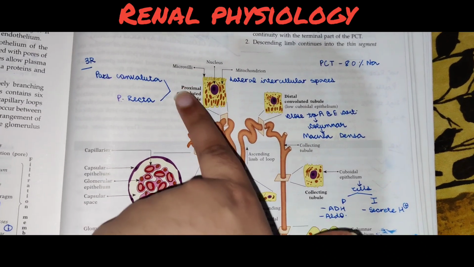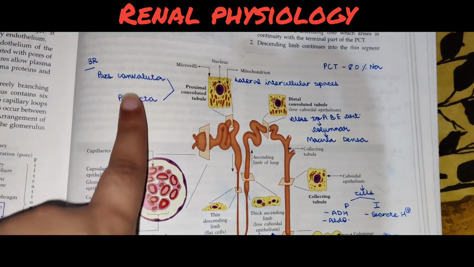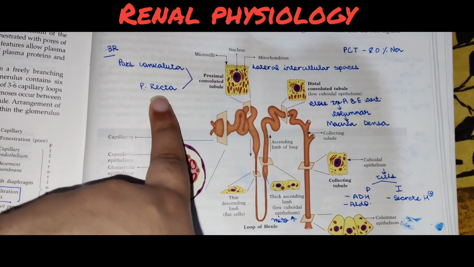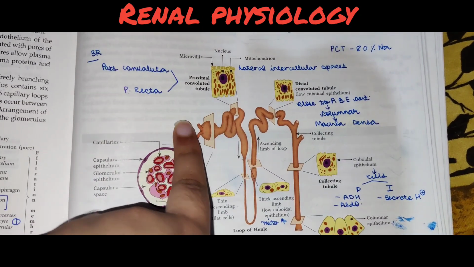Now this proximal convoluted tubule is divided into two parts. First is the pars convoluta, which is the convoluted portion of the PCT. Another is the pars recta, which is the straight portion of the PCT.